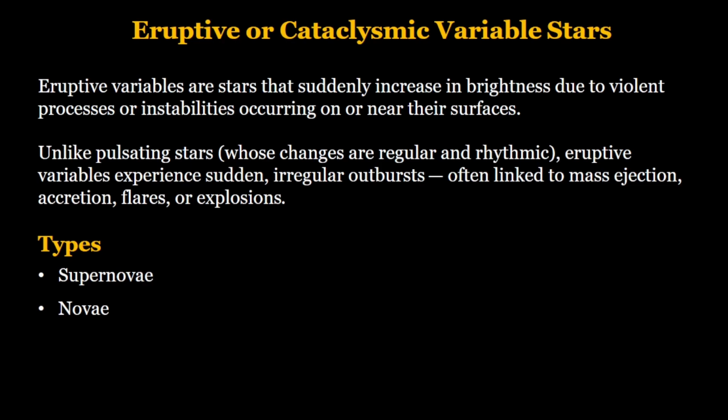So then let's get into eruptive or cataclysmic variable stars. Eruptive variable stars are stars that suddenly increase in brightness due to violent processes or instabilities occurring on or near their surfaces.